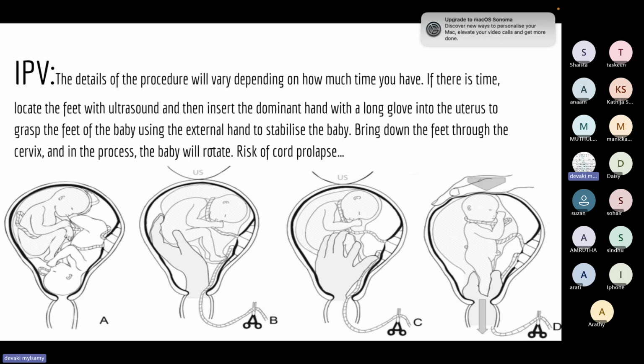Ensure care here, because again there are chances of cord prolapse, and deliver this baby as early as possible. As shown in this picture, you can show it, and allow this maneuver to be done by your ST2.